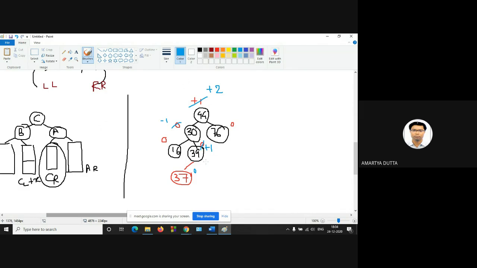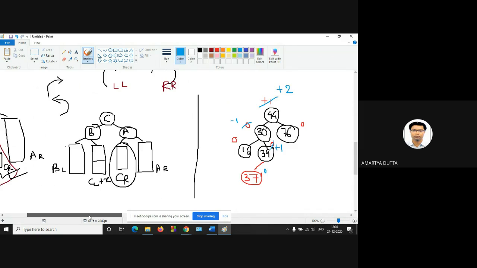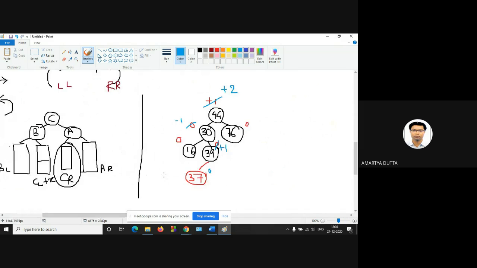So your C node is 39. Here this 37 is inserted at the right subtree of the left child of 44.